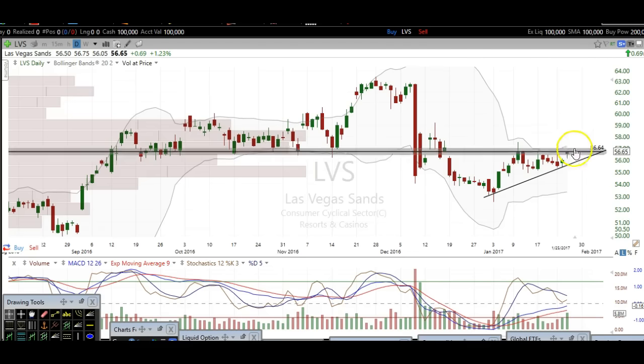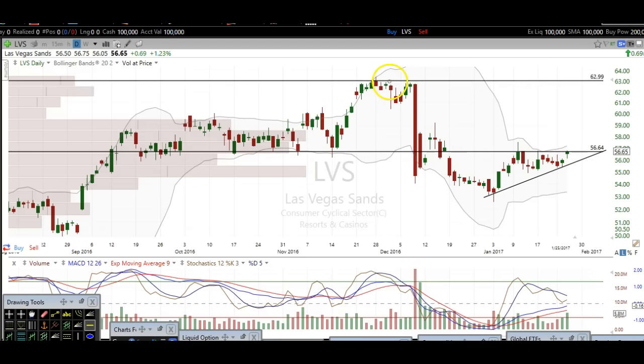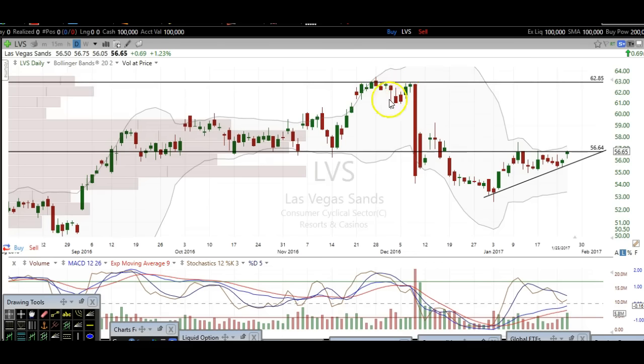If we do break out over this level, the next level of resistance is going to be just below $63. You can see we got some rejections right there. We could catch a little bit of resistance from the lows of these candles right here at about $61. So those are the levels that you should be paying attention to on LVS.